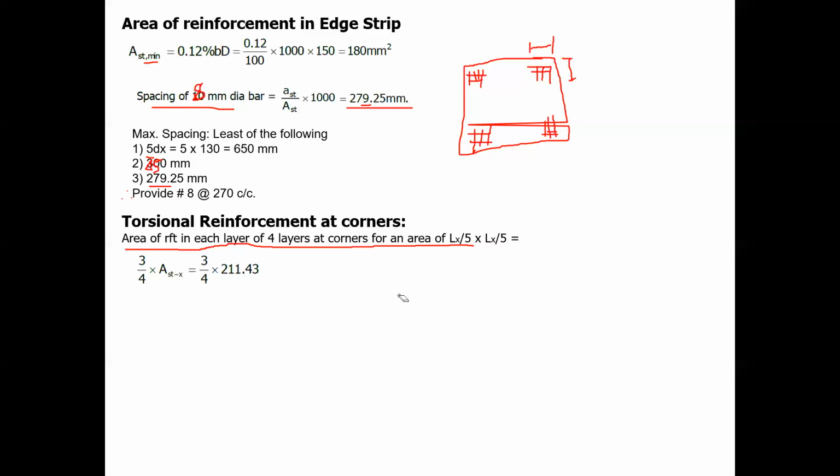Which is equal to 3 by 4th of the area of steel. As you know, it is not 211, it is 212, right? Which you have calculated earlier. Yes, sir. Okay, it is 212. So calculate 3 by 4 into 212. How much you are getting?